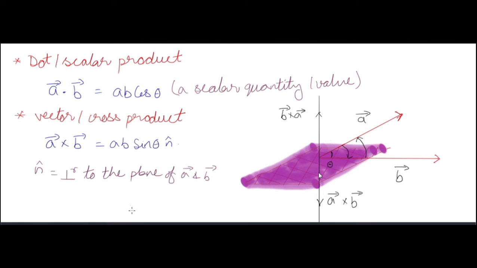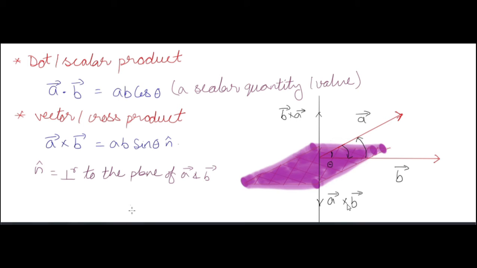If you curl the fingers of your right hand from a to b, the resultant will be shown by a cross b. So this is a to b, and this is the direction of a cross b.